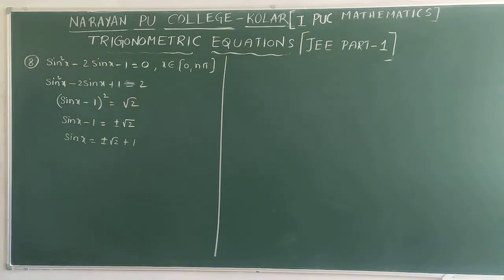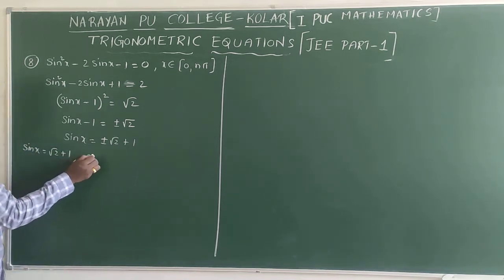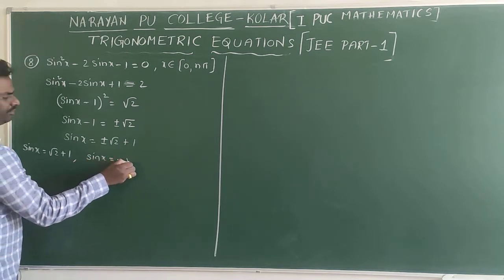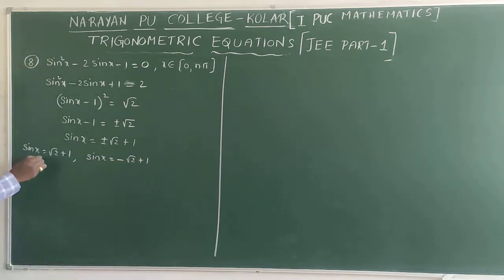Here 2 options are possible. First I am taking plus root 2 plus 1. Next I am taking minus root 2 plus 1. But this is not possible. Why? Because this value is more than 2, but the highest value of sin is 1 only.